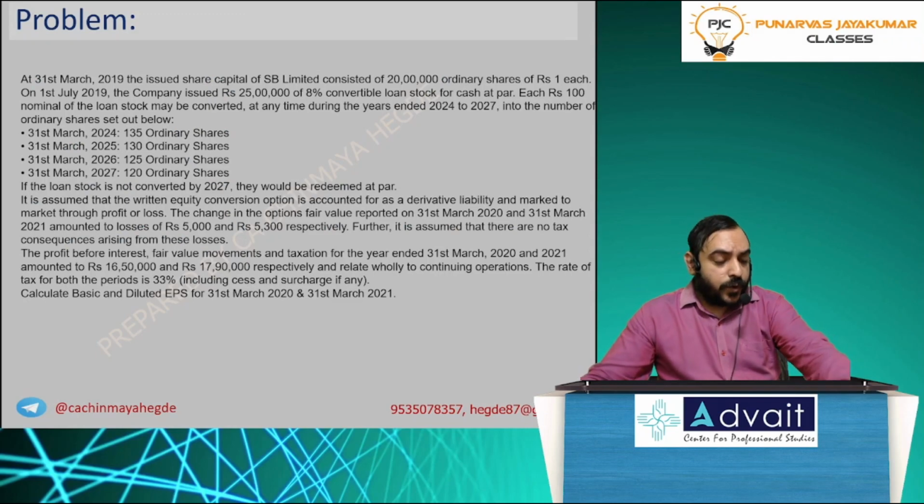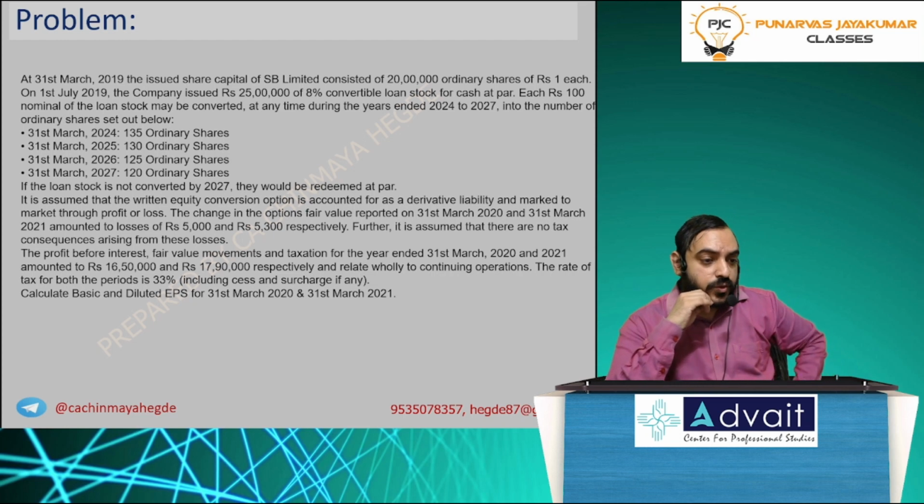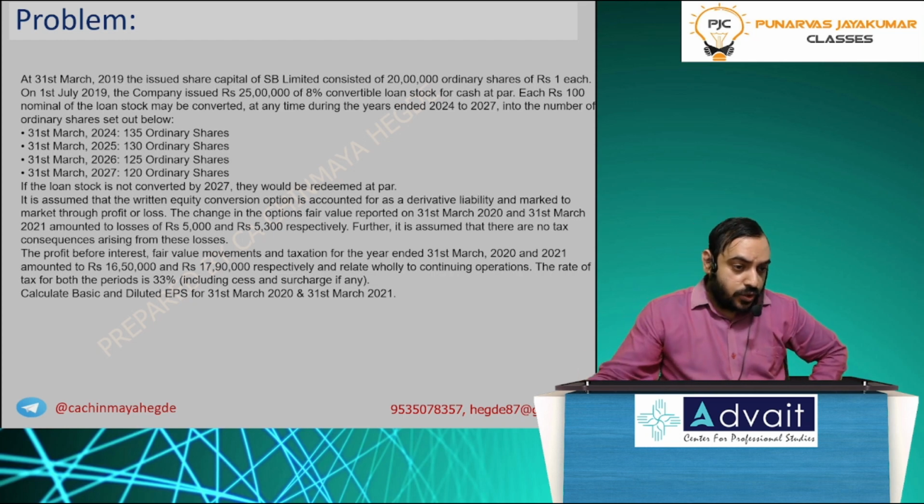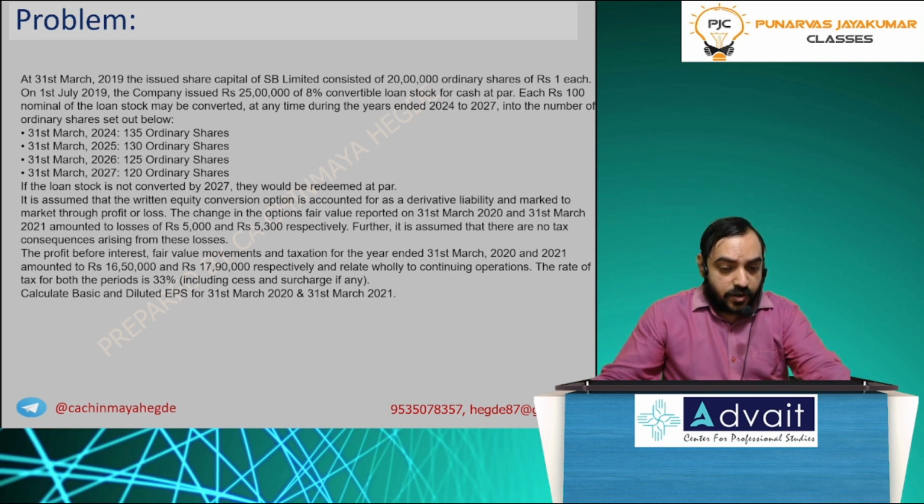Okay, so let's take up this exam problem, July 2021. On 31st March 2019, the issued share capital of B Limited consisted of 20 lakh ordinary shares of rupees 1 each.